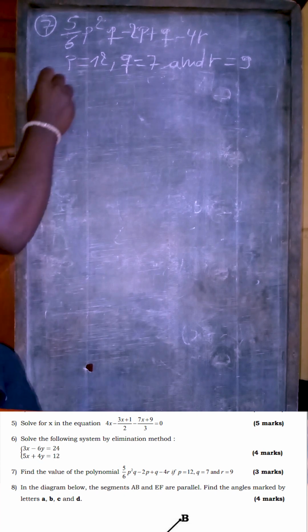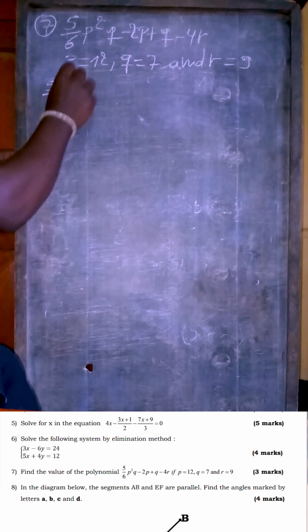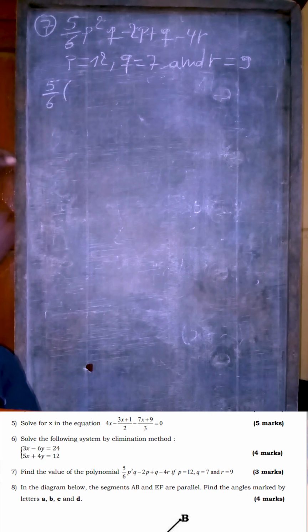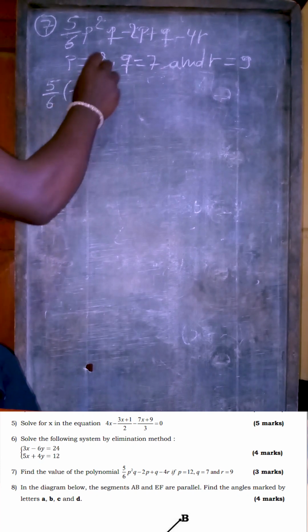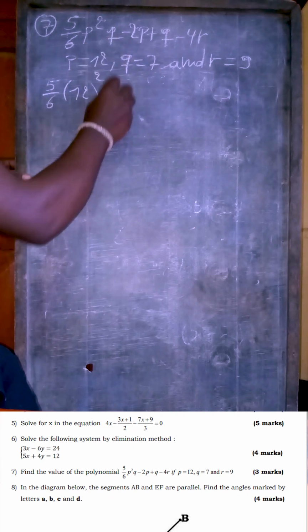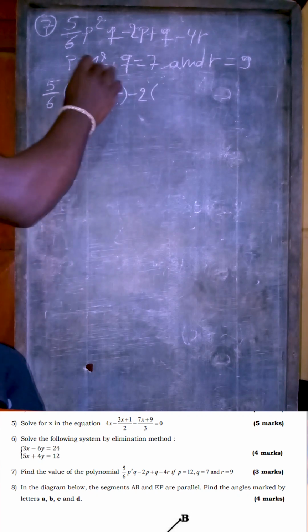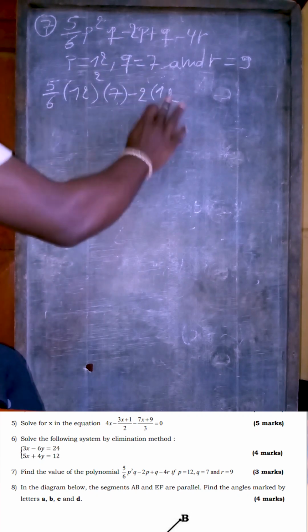It will be 5 over 6, then p squared times q. By replacing, let us use brackets. It will be 12 squared times q, which is 7, minus 2 times p, which is 12.